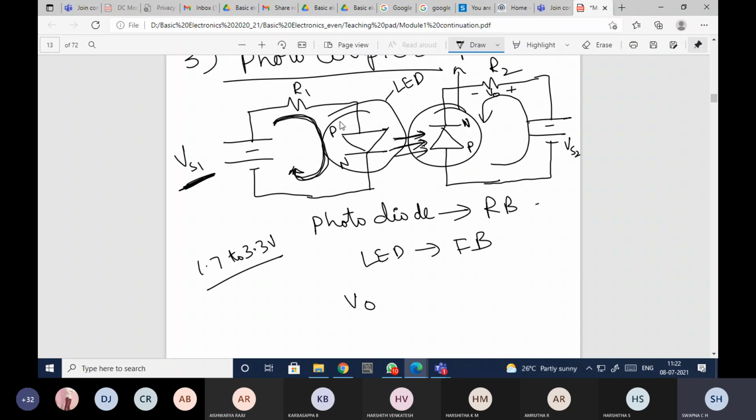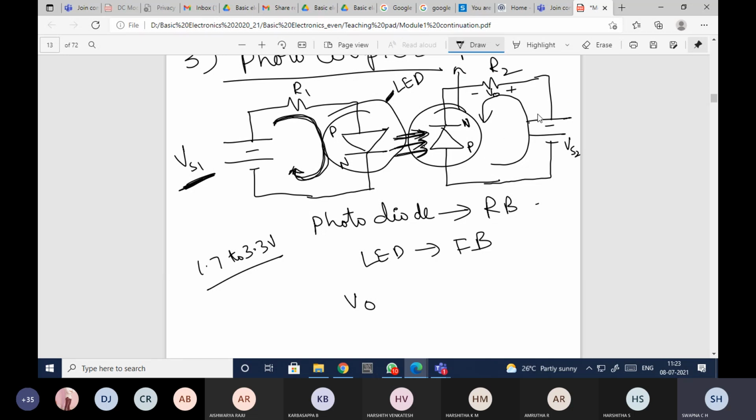Okay, so since this LED is forward biased, it will emit light in this way. Since the light is emitted, the photodiode is getting the photons that are falling on it. Because of these photons, what happens? If you observe, the photodiode is also reverse biased.